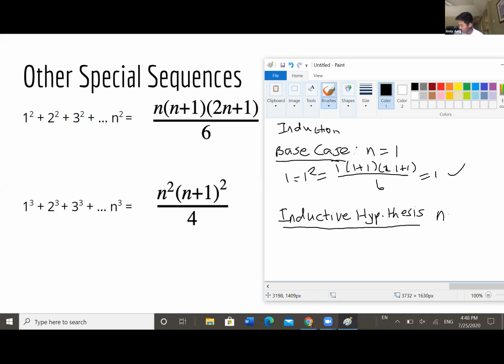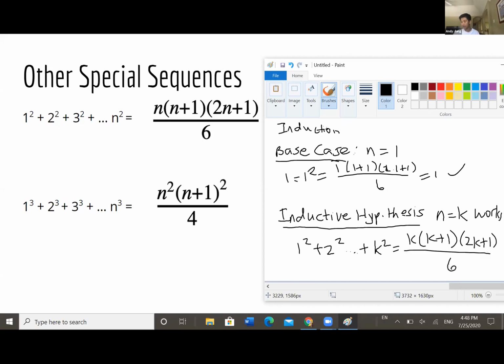So I'm assuming that when n is a certain number k, it works. So in terms of this problem, what does that mean? I'm assuming that this formula holds for a specific number k. So this isn't any number k, but I'm assuming that it works for some specific k.